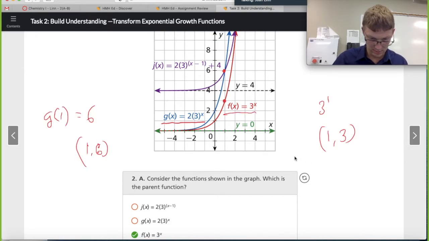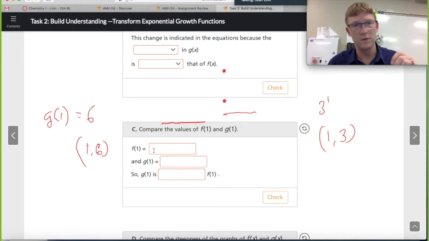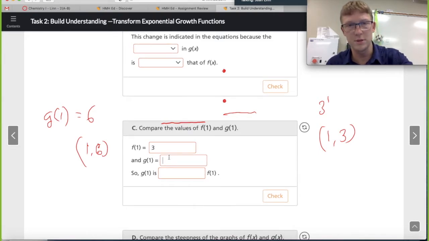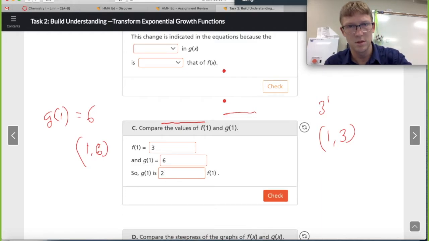Let's ask me what that is. F of 1 equals 3, and g of 1 equals 6. So g of 1 is 2 times f of 1.